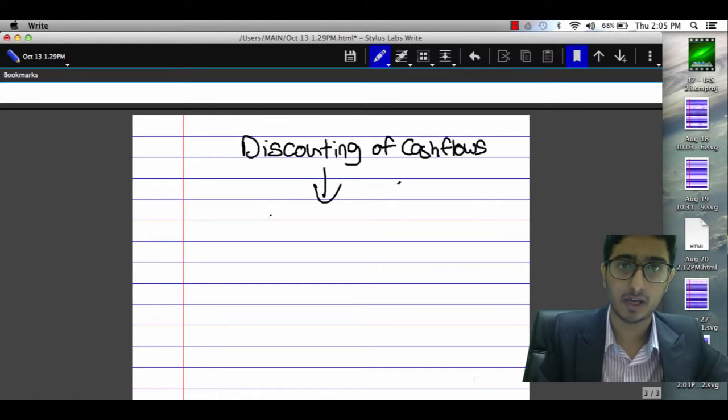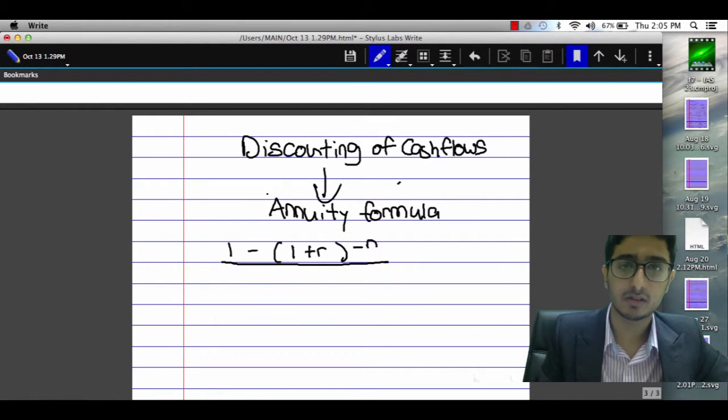This is what we call the annuity formula: 1 minus (1 plus r) to the power of minus n, divided by r. r is your discount rate, and n is your number of years.